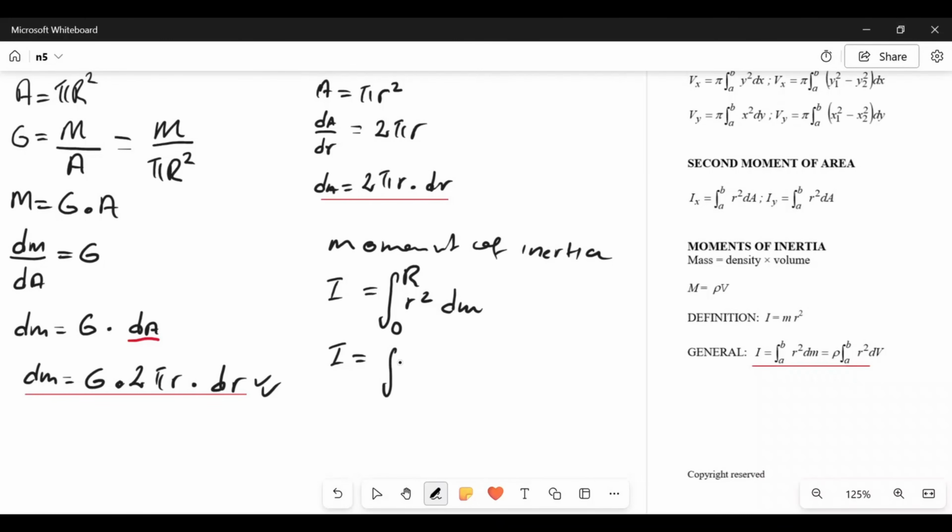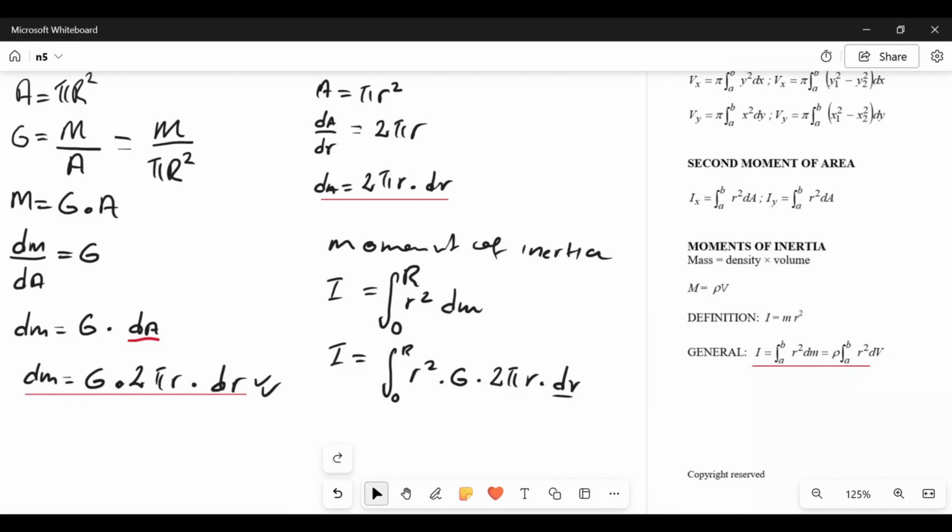So let's do it. Integral from 0 to big R, because it's starting from 0. We can substitute our dm. We have r squared there, and our dm is density multiplied by 2 pi r multiplied by dr. So here we'll be integrating with respect to r because we have dr there.